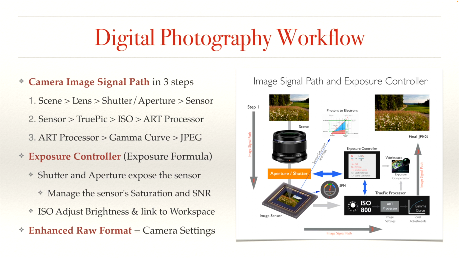Step 1, you can see here on the left, it goes from the scene via the lens, shutter, aperture onto the sensor. Step 2 goes from the sensor, the image signal, to the TruePic processor, the ISO amplifier, the ART processor. And step 3, the ART processor combined with a gamma curve to the final JPEG file.